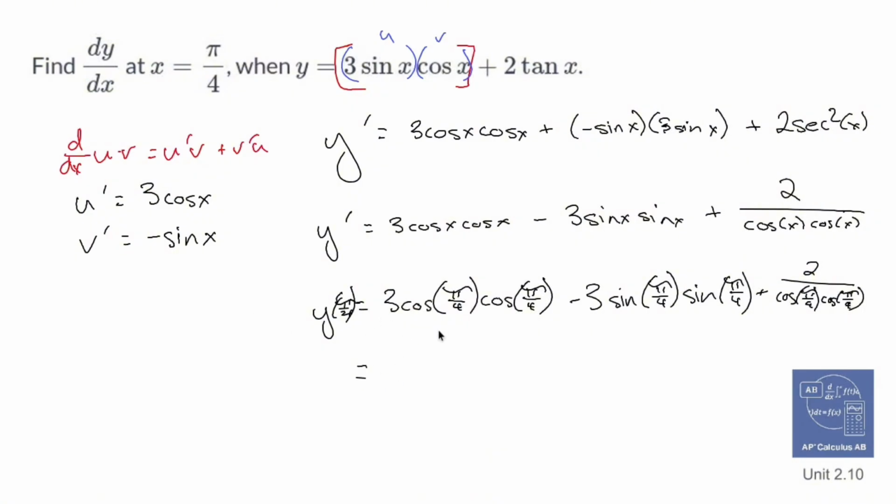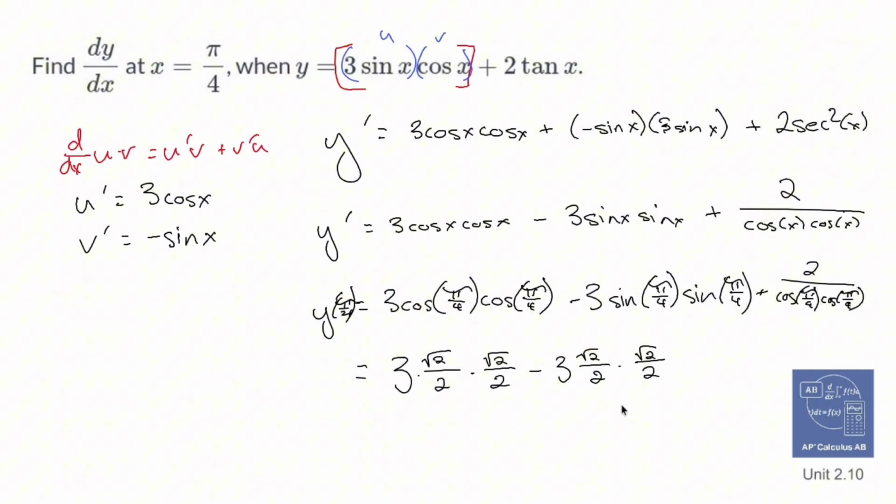Now, if you remember from the unit circle, cos pi over 4 is root 2 over 2. So you're going to have 3 times root 2 over 2 times root 2 over 2 minus, also nice, sine of pi over 4 is also root 2 over 2, times root 2 over 2.